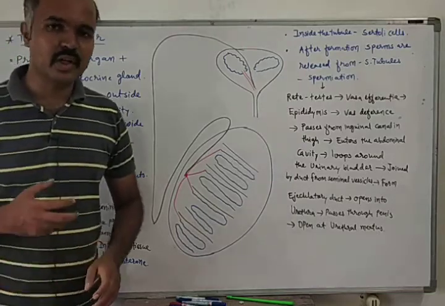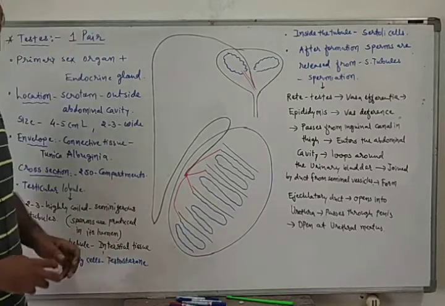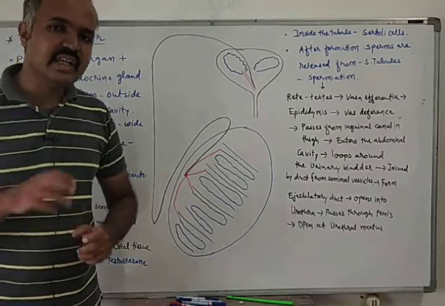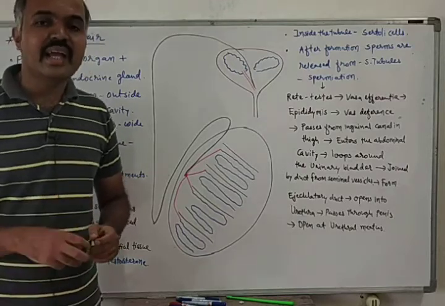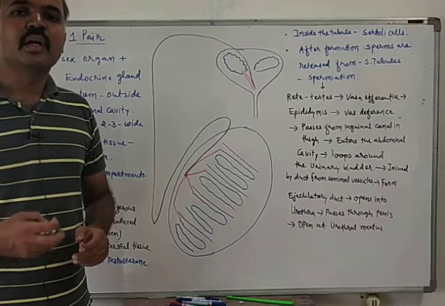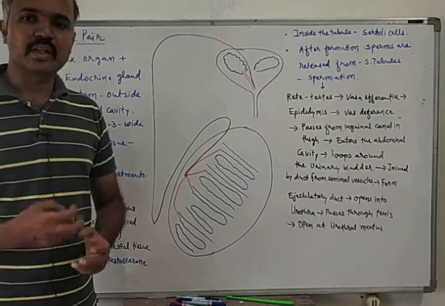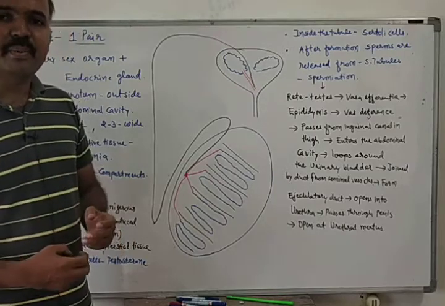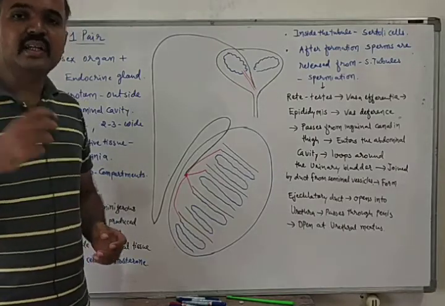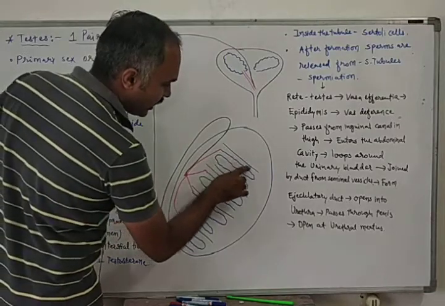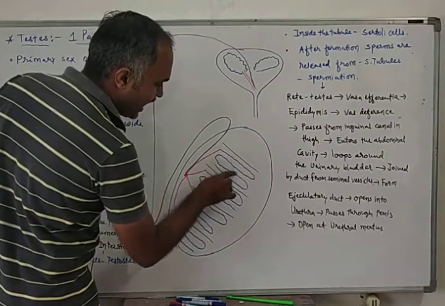Now each compartment has a highly coiled tubule inside, and the number of these tubules can be 2 to 3. Say, for example, here a tubule is highly coiled in nature.